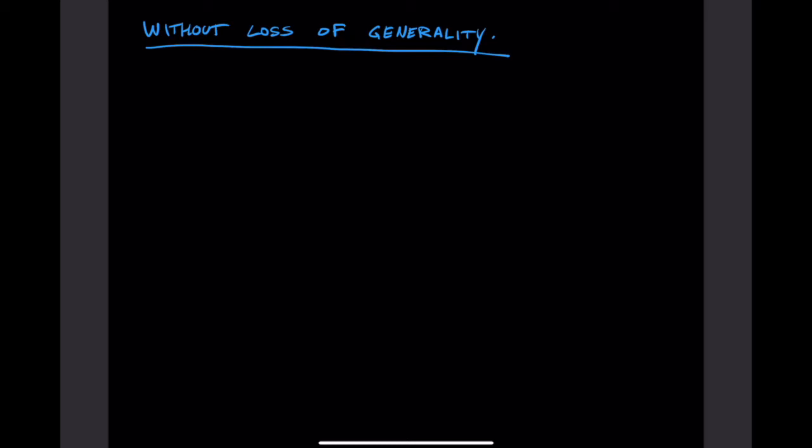So let's look at a claim here. We're going to say let m and n be integers. And here's our statement. m times n is odd if and only if m and n are both odd.